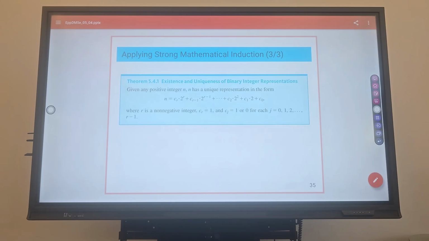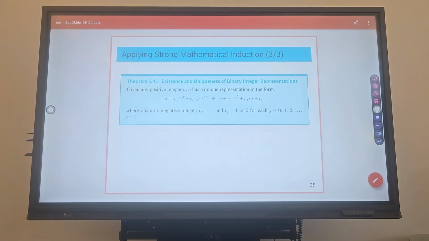So, the existence and uniqueness of binary integer representations. Given any positive integer n, n has a unique representation in the form here, where r is a non-negative integer, c sub r equals 1, and c sub j equals 1 or 0 for each j equals 0, 1, 2, etc. to r minus 1.